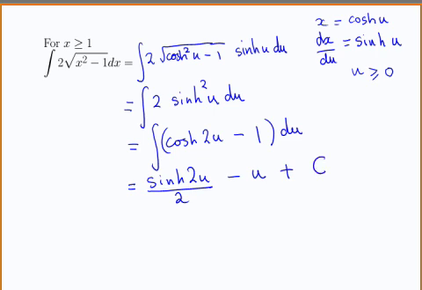This was an indefinite integral, so we need to put it back in terms of x. In order to do that, I'm going to rewrite sinh 2u as 2 sinh u cosh u, and of course the 2's cancel.